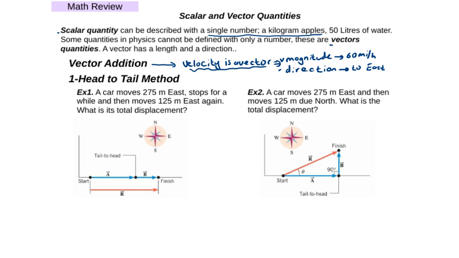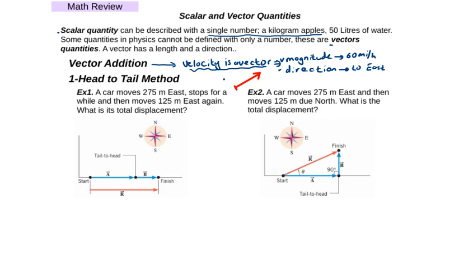For that, we symbolize a vector with a line. Let me draw a tilted line, show its direction and show its length. Then I'm symbolizing a vector nicely.